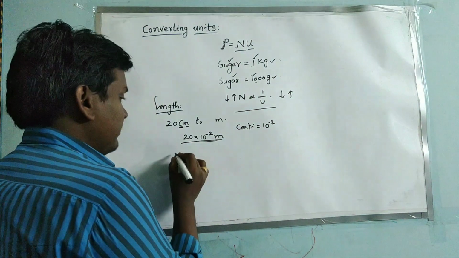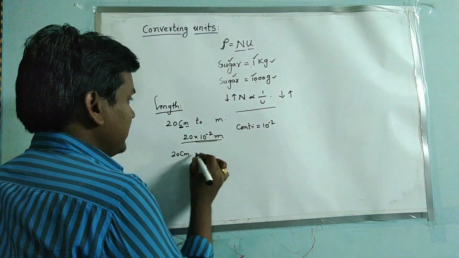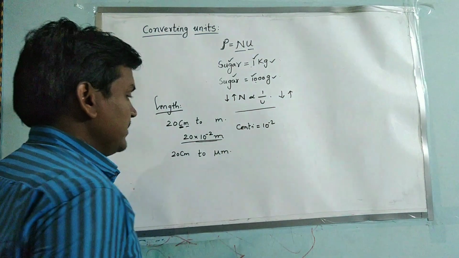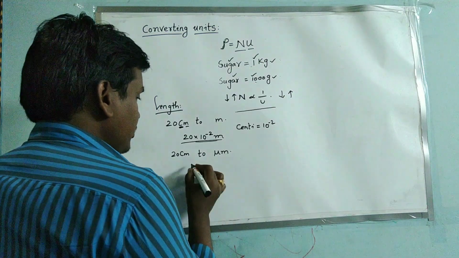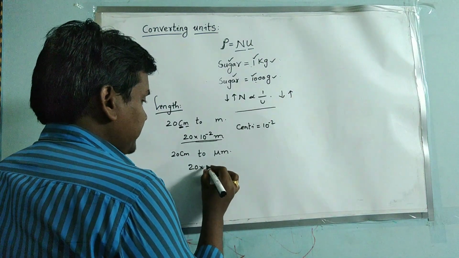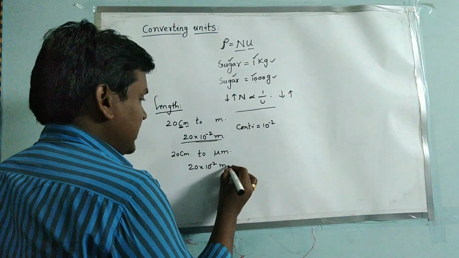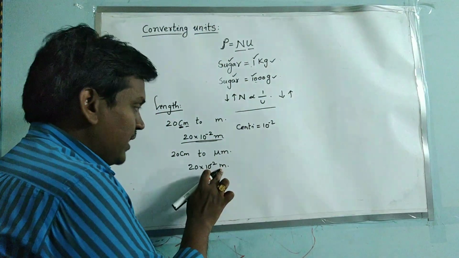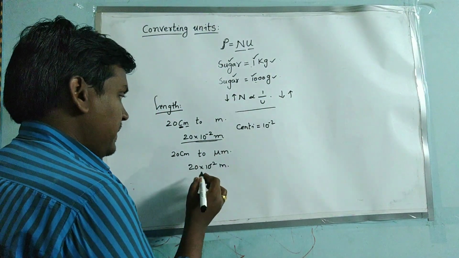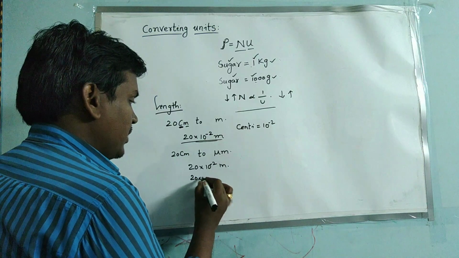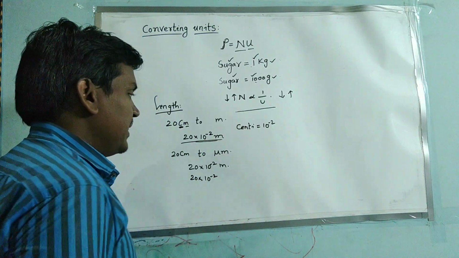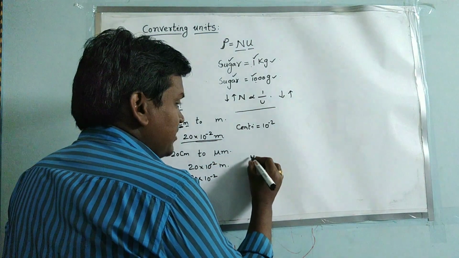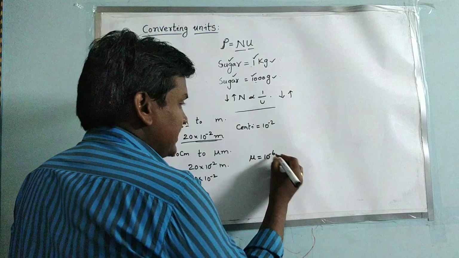And next I am converting the same 20 centimeters to micrometers. For this, first I am writing 20 into 10 to the power of minus 2 meter. So I converted it first into meters. Now I am converting the meters again into micrometers. That is 20 into 10 to the power of minus 2. We know the value of micro as 10 to the power of minus 6.